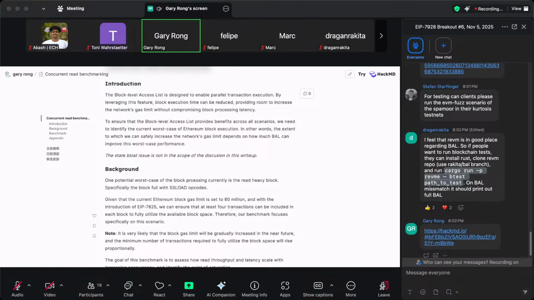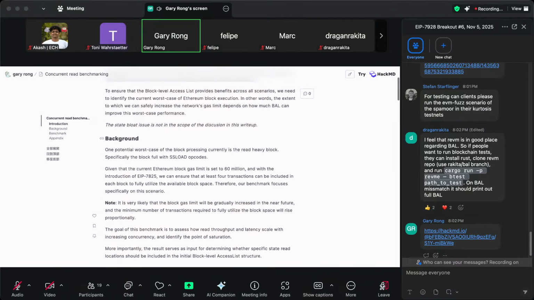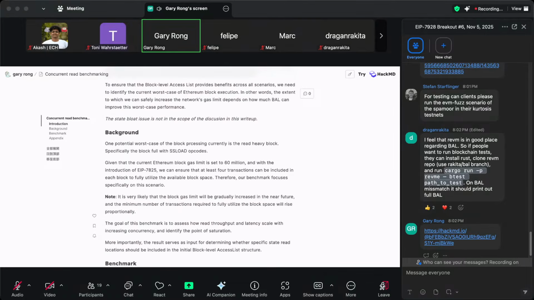So I tried to measure how much time we need to spend if we want to access that many storage slots or accounts. With Osaka, we limit the maximum gas limit within a single transaction to 16 million. So it means that we can have at least 4 transactions within a single block. So the baseline I have chosen is thread 4.